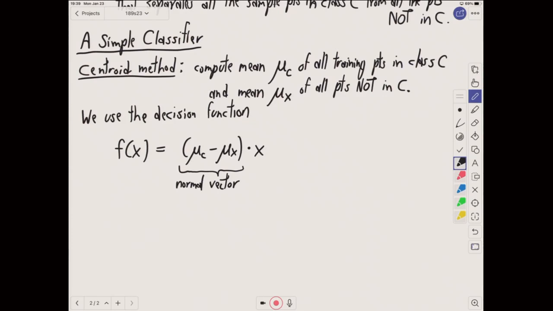The other thing that I want to do is make sure that the hyperplane, the decision boundary, passes exactly halfway between mu C and mu X. The way that I can achieve that is by making the constant alpha equal to this thing here.